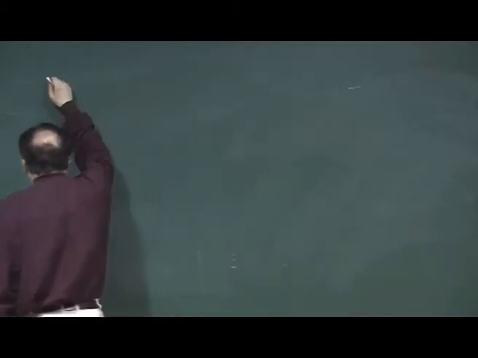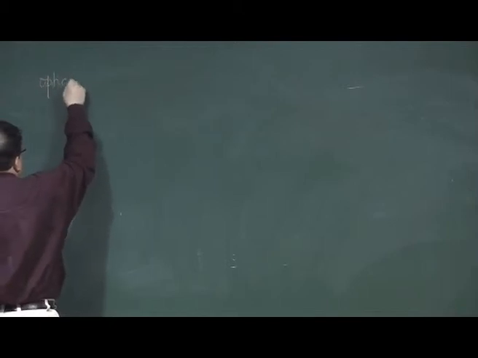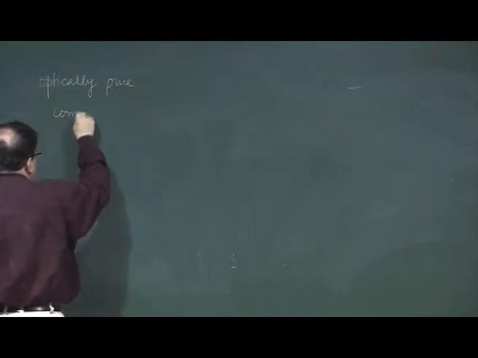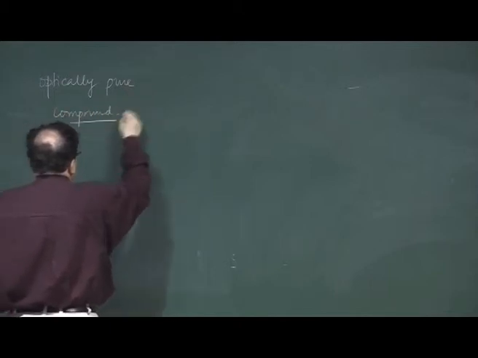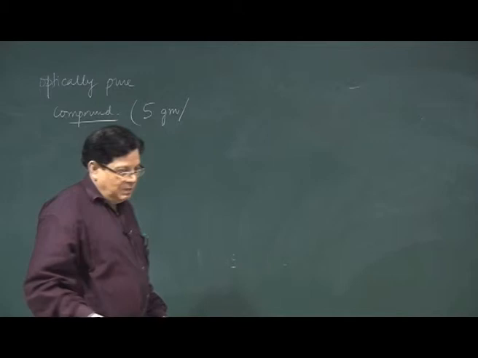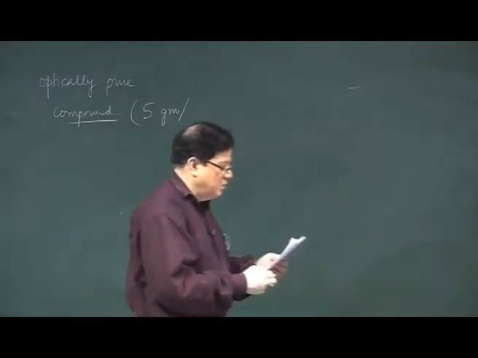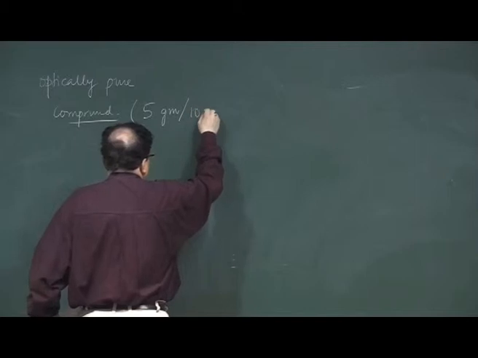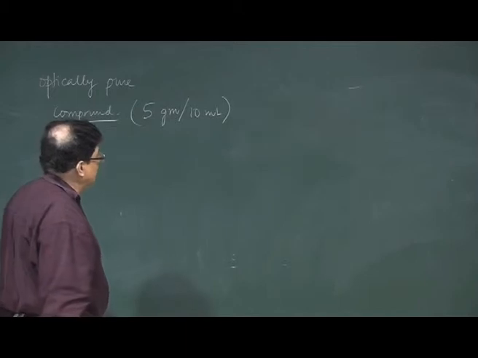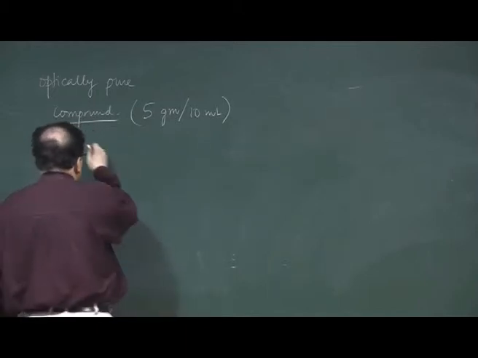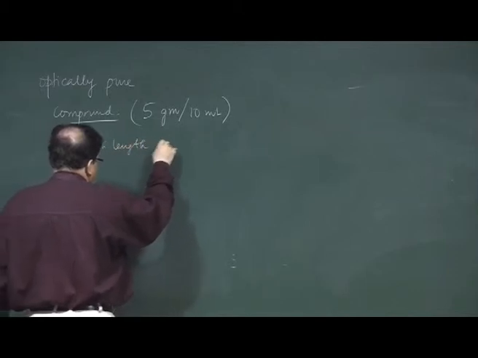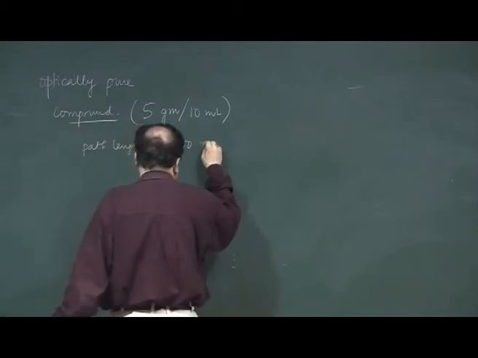Suppose we have taken an optically pure compound, and the amount taken was, let us just check this problem, 5 gram in 10 milliliter. So, 10 milliliter of solution was taken, in which 5 gram of the optically pure chiral compound was dissolved, and suppose the path length is 100 millimeter.